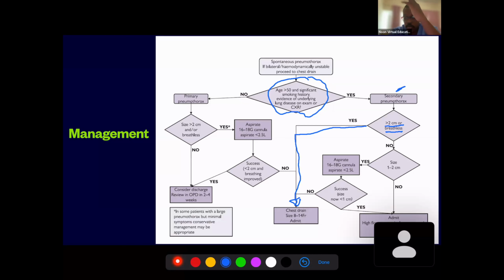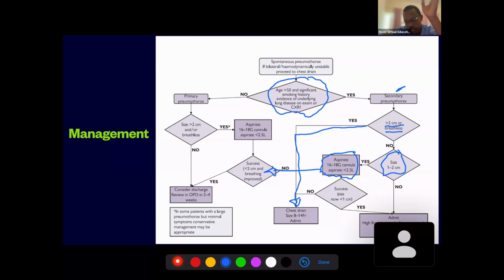So if the size is not more than 2 centimeters, the size is between 1 to 2 centimeters, it is like borderline. Then aspirate, same as here.